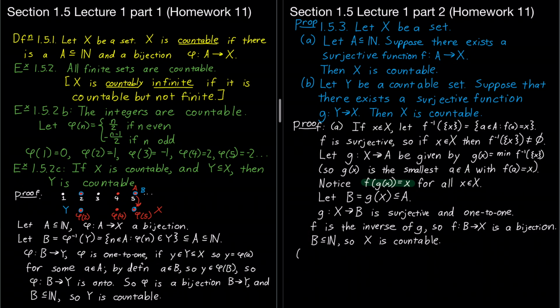All right, and then part B is pretty straightforward. Y is countable. So there exists a subset of the natural numbers A and a function, let's call it h, from A to Y. That is a bijection.